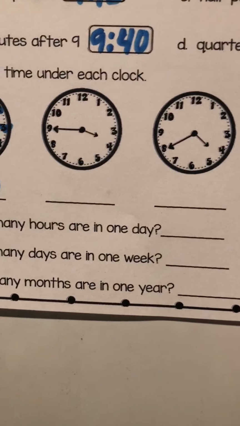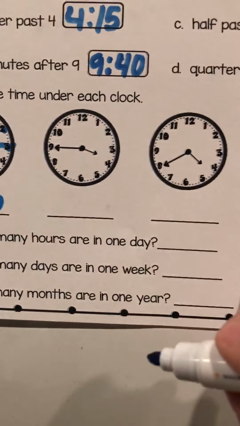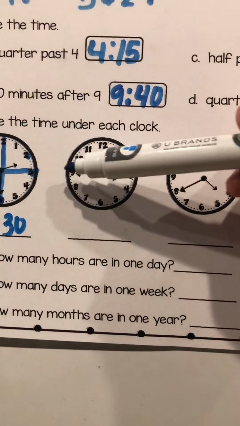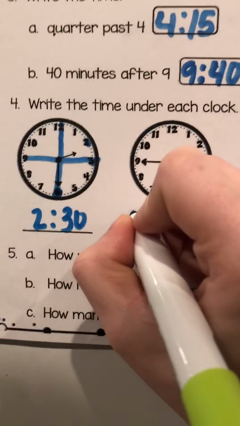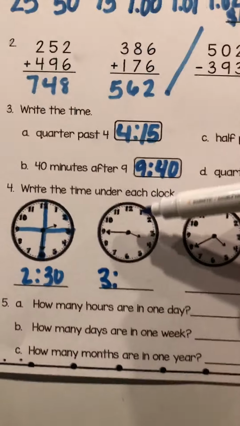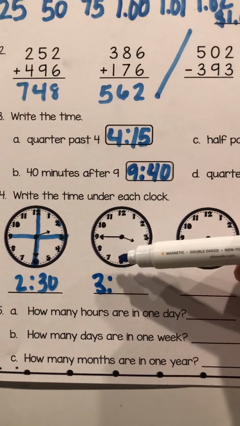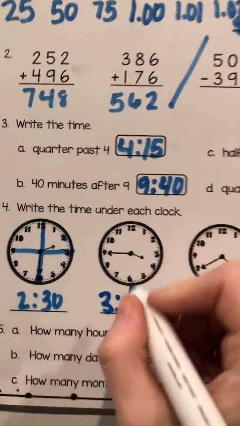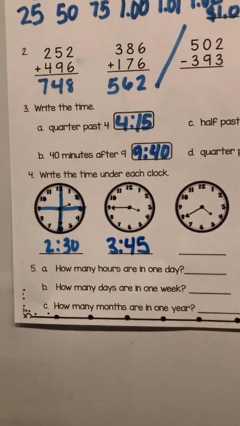This clock, looking at it, our hour hand is between our 3 and our 4, and our minute hand is pointing at the 9. So we know that this is going to be 3. And then we go around our clock, and we're going to count 5, 10, 15, 20, 25, 30, 35, 40, 45. 45.